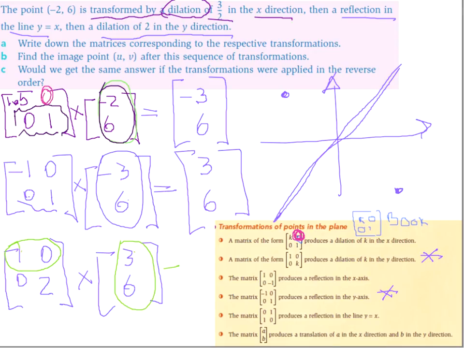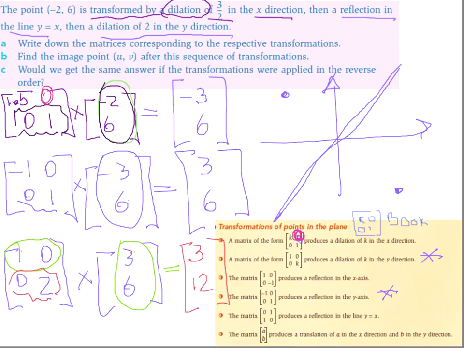So 1 times 3 gives you 3, and 0 times 6 is 0, so it becomes 3 plus 0, which is 3. And now you take the second line: 0 times 3 gives you 0, and 2 times 6 gives you 12. So the answer is 3, 12.